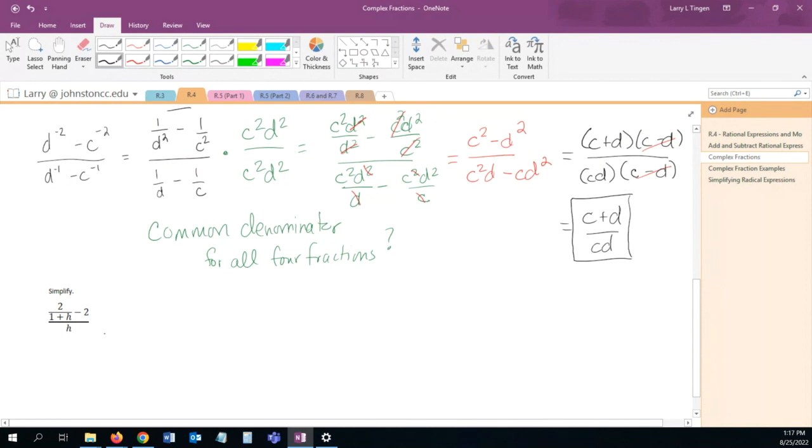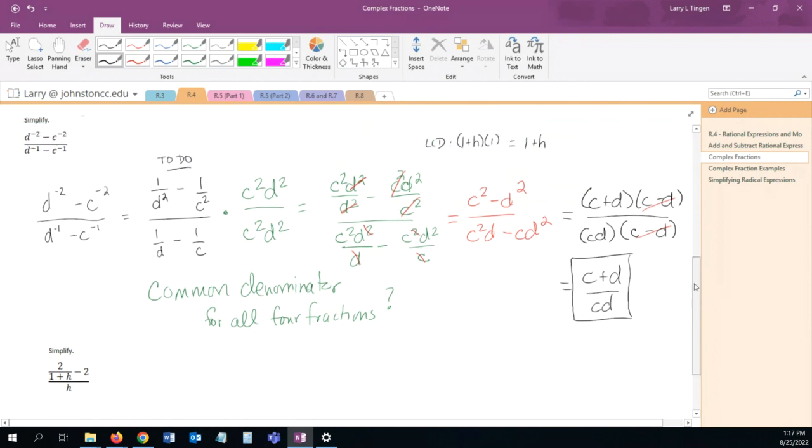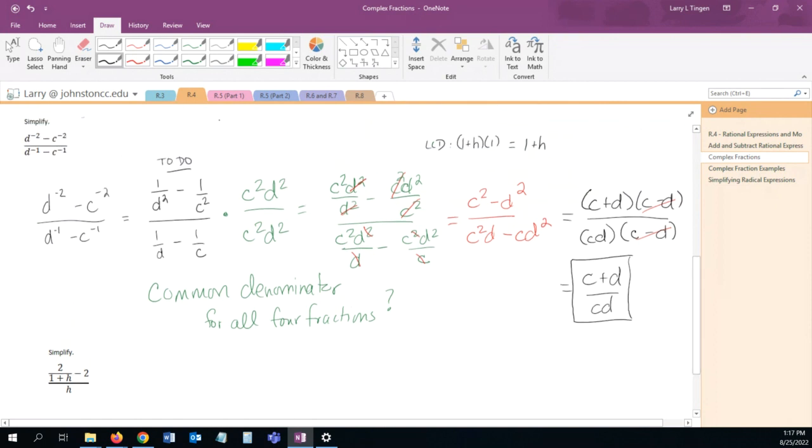So to do the same, I found the common denominator for all the fractions. I went through, I looked at them. So the denominators are c, d, c squared, and d squared. C doesn't change, d doesn't do anything, but c squared is c times c, d squared is d times d. So everything that occurs in multiples, we count once.